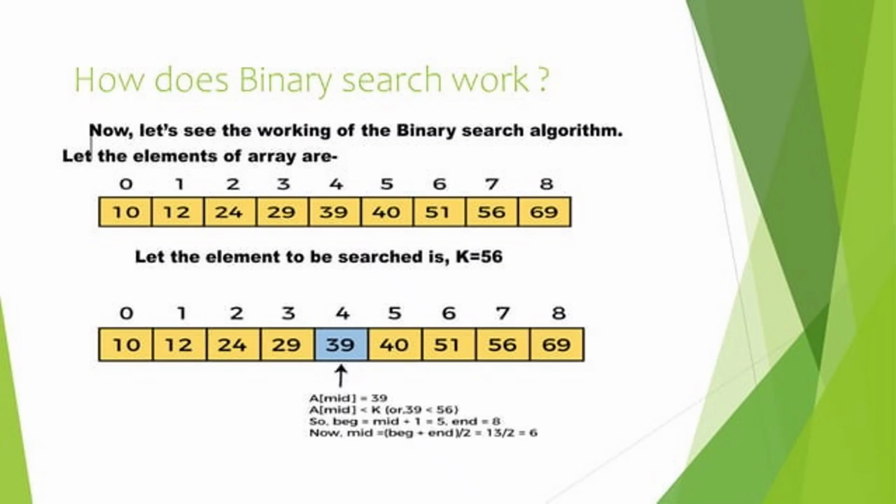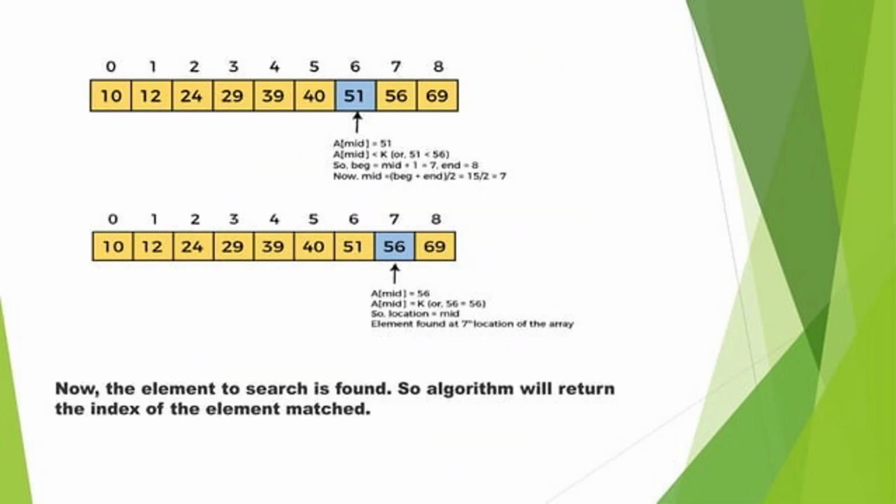Comparing the new middle element with the target value 56, we adjust the search interval again and find the new middle element is 56. The number we have chosen is also 56. So both are matching. Now the element to search is found, so the algorithm will return the index of the element that is matched.